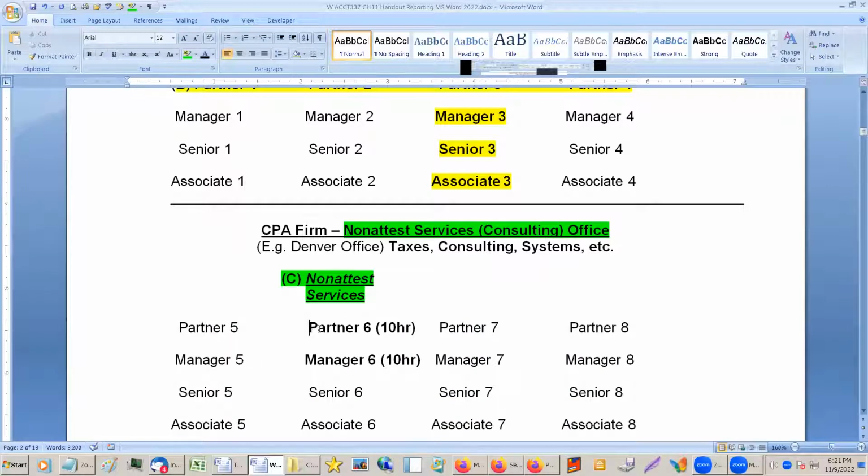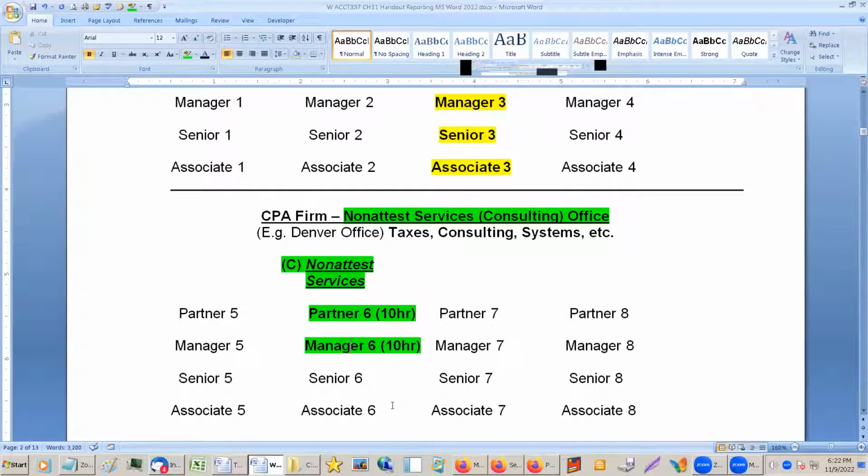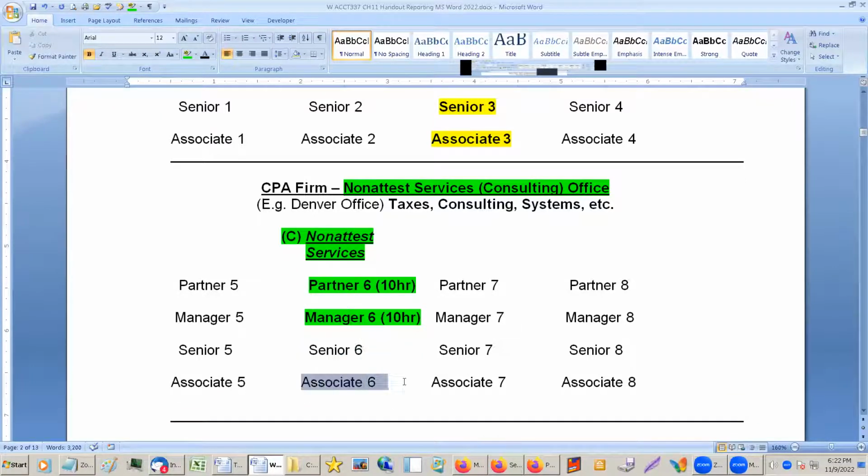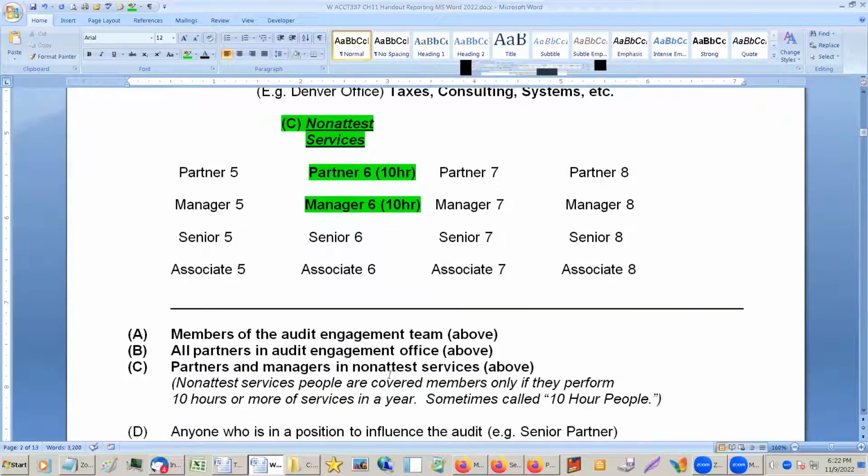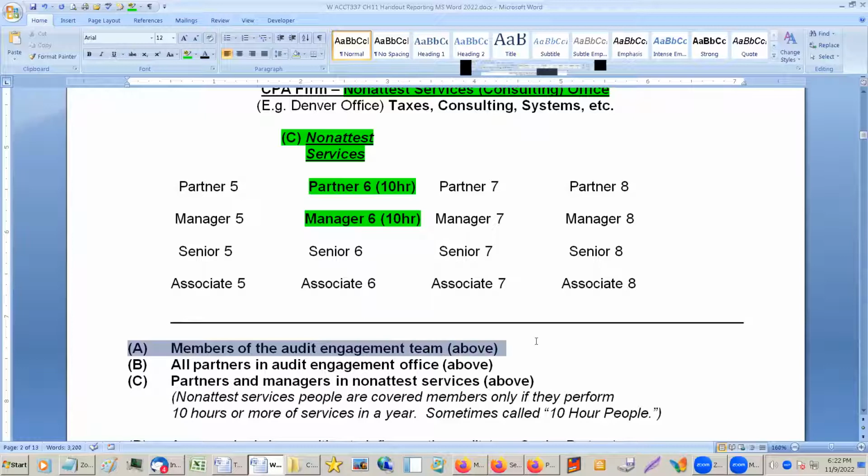Now in the non-attest office, for people who do the consulting or taxes, only the partner and manager must be independent. These other two do not. So all members of the audit engagement and all partners in the engagement office must be independent.